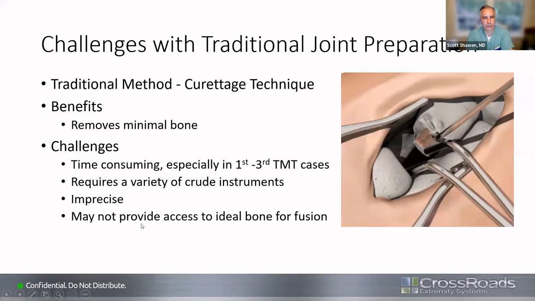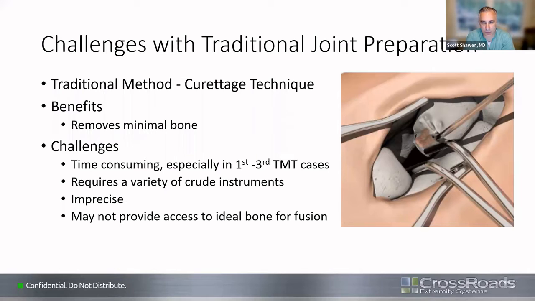And so, traditionally for about 15 years, my joint preparation was like most of yours, I'm sure, a curettage technique. You get into the joint, well, you find the joint first, take off the osteophytes, get into it, and then scrape away what remains of the cartilage, and then try to potentially correct any deformity with minimal cuts.